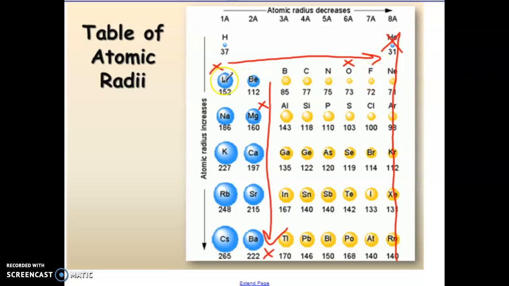So fluorine is the furthest to the right, which means it has the highest nuclear attraction, and it's the top of this group, which means it has the lowest amount of electron repulsion. So not only do you have a strong attraction to the nucleus, you also have fewer electrons that are repelling one another. So yeah, fluorine is going to have a big time attraction for electrons, which makes sense when we look at our electronegativities.